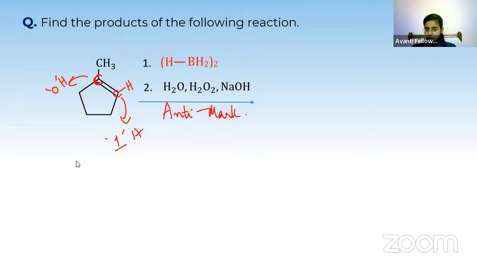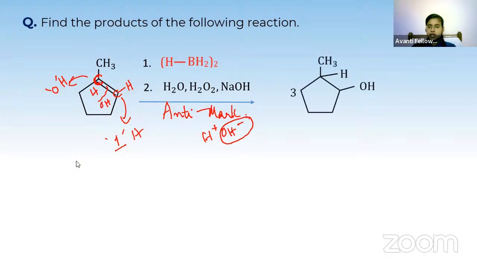Now, what is anti-Markovnikov? We have to break the bond and add the negative part of the molecule to the carbon which has more number of hydrogen. So if I compare 0 and 1, 1 is more. So OH will go here and H will go here. So I will get a product like this.